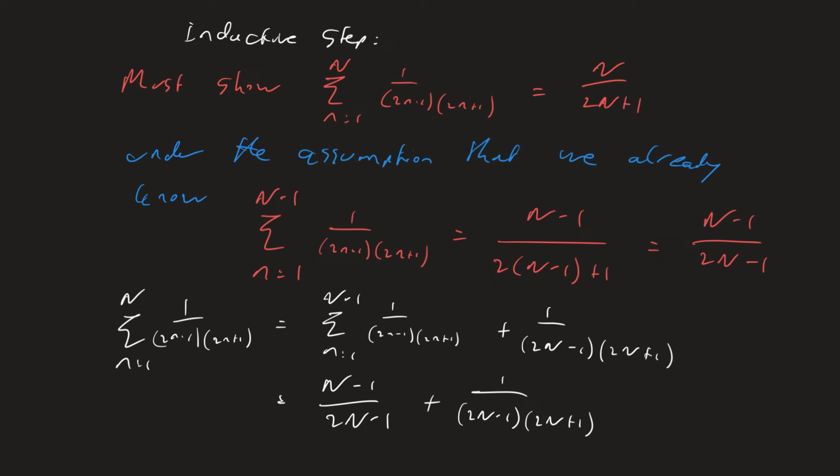So that gets replaced by big N minus 1, this big N gets replaced by big N minus 1, and this N down here gets replaced by big N minus 1. So we're allowed to assume that this summation is true for the case of big N minus 1.